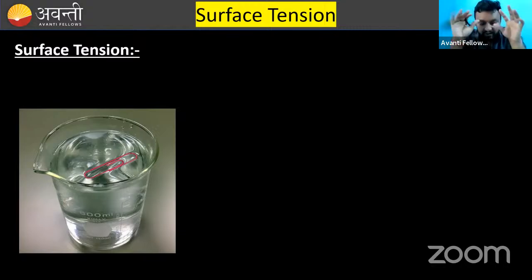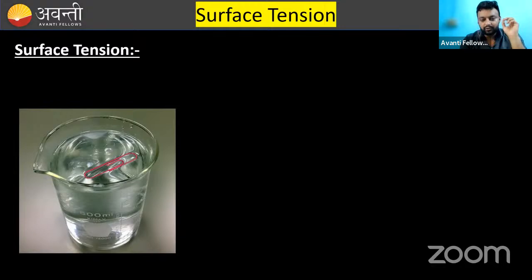Generally, such kinds of things sink in the liquid. But this paper clip is gently placed there, and it's just not sinking. So there might be a force which is holding this up. And you can see one more example here.